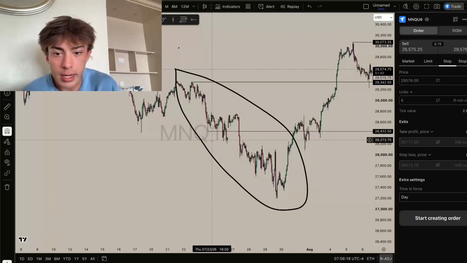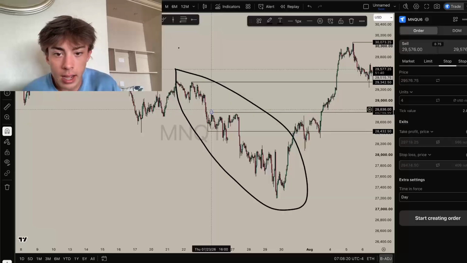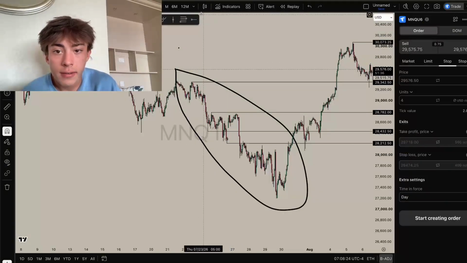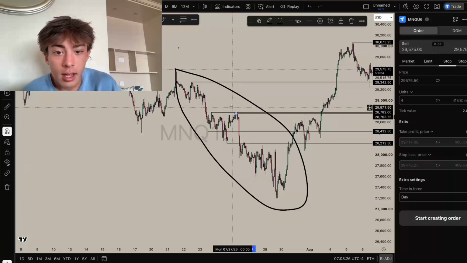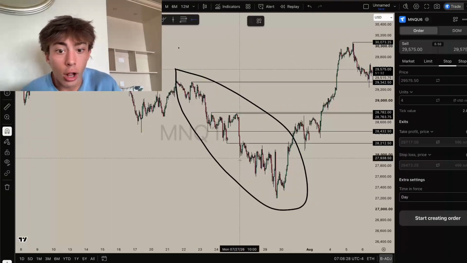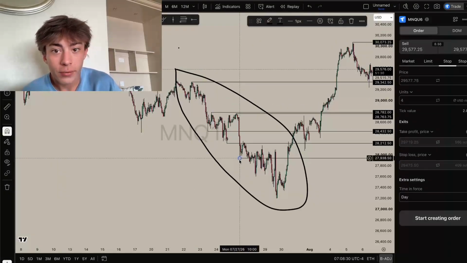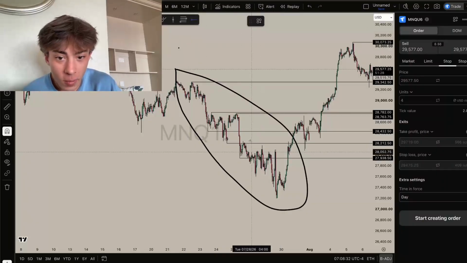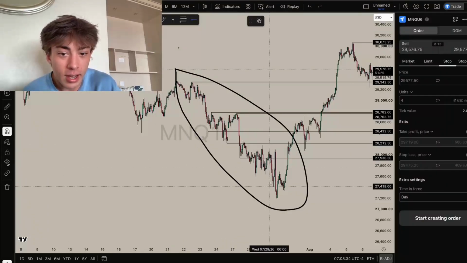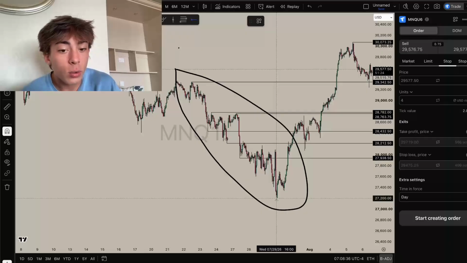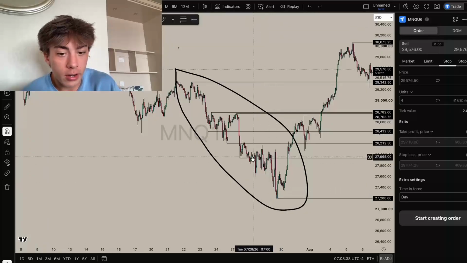followed by a low right here, followed by a high, followed by a low, followed by a lower high, followed by a lower low, followed by a lower high, followed by a lower low, continuing all the way down until we get to this low right here.